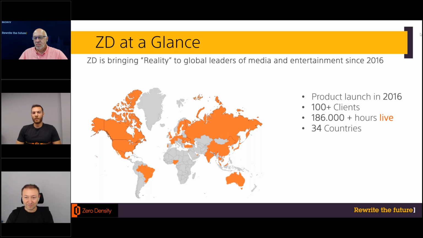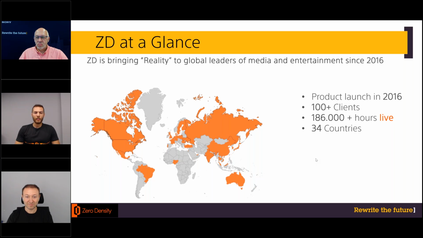It was founded in 2014, and our current main product, Reality Virtual Studio, was launched at NAB 2016. Since its launch, it became a hit, I would say. Currently we have installations in 34 countries with more than 100 clients.